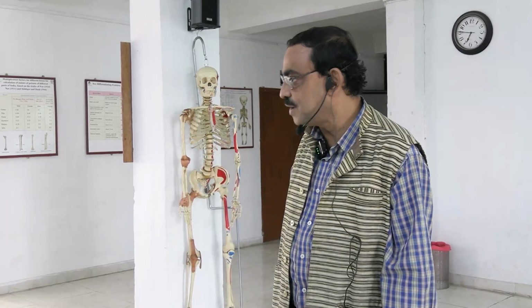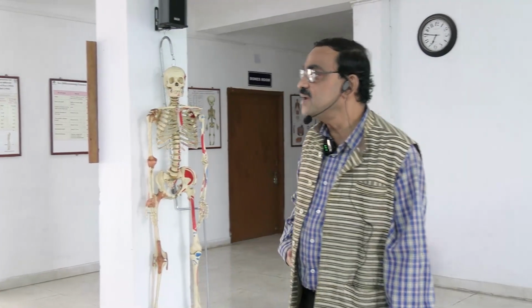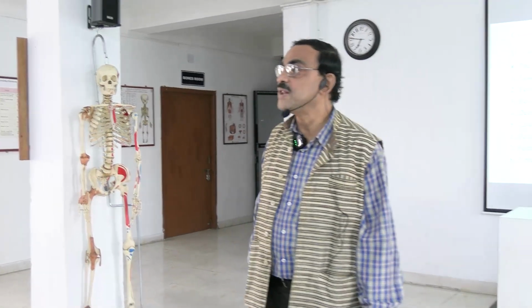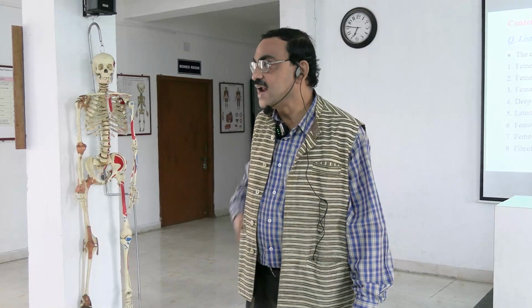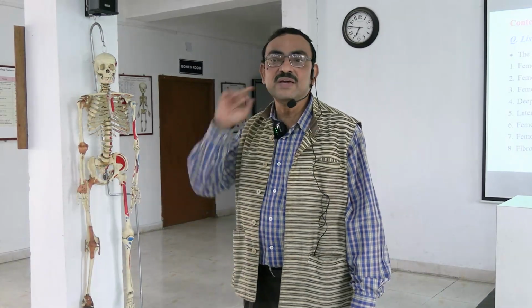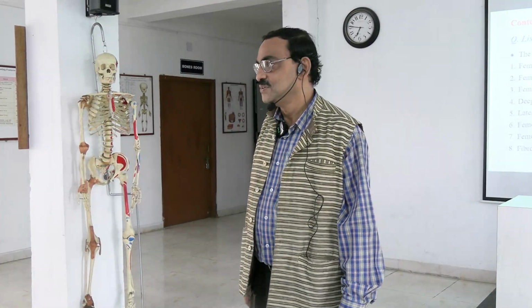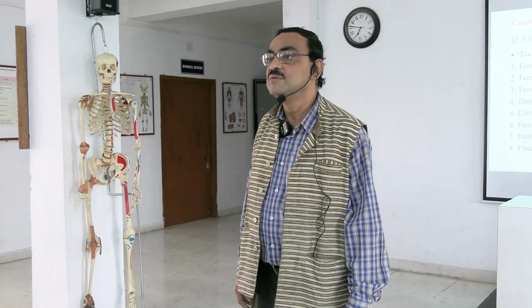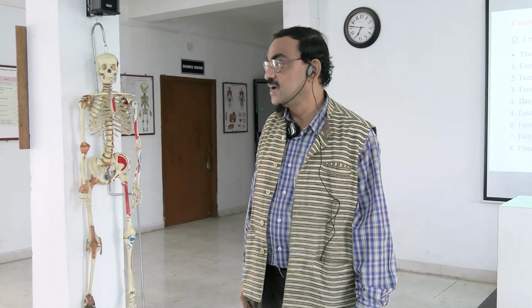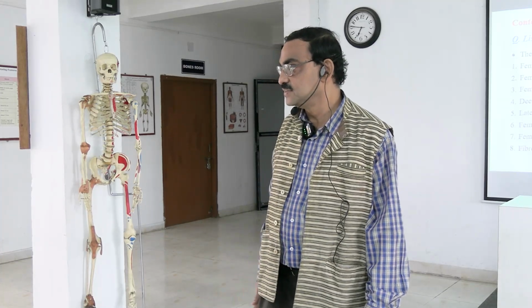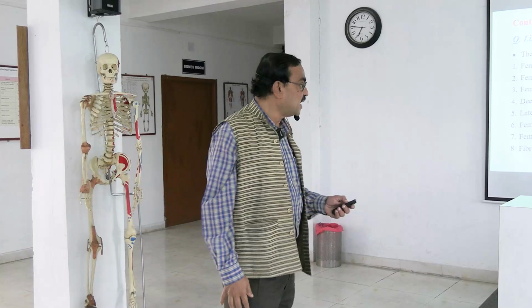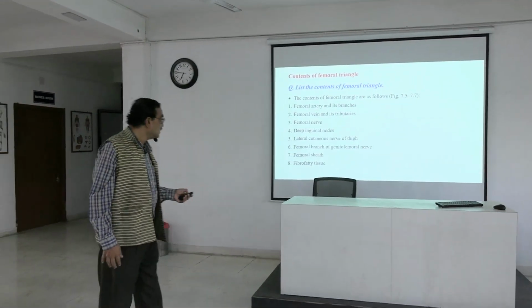There is collection of subcutaneous fluid, so there will be pressure over this muscle, and also in peripheral neuropathy, as it is very common in diabetic neuropathy and other neuropathies. So that nerve is affected and a typical sensation is felt. That is called meralgia paresthetica. A peculiar sensation is felt.